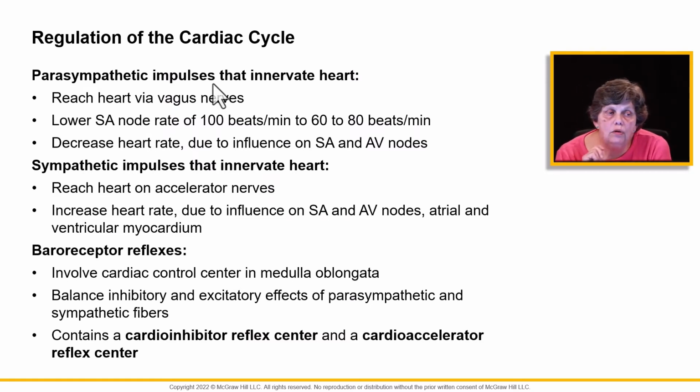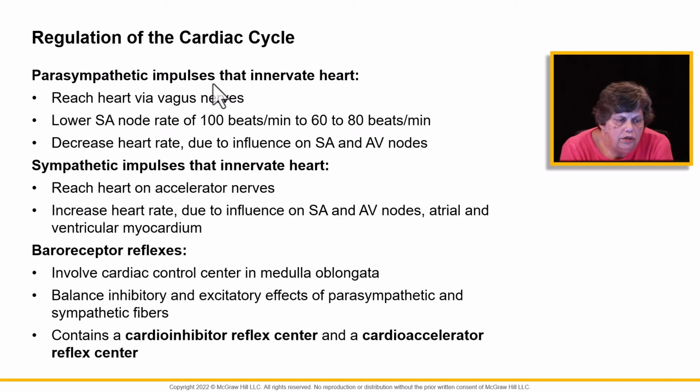And that lowers that SA node rate to about 60 to 80 beats a minute. And it's just because it rests and digests, you're going down lower. If you have a sympathetic impulse, that's going to raise it. And that's going to raise that heart rate. You have epinephrine flowing, it's going to raise it.